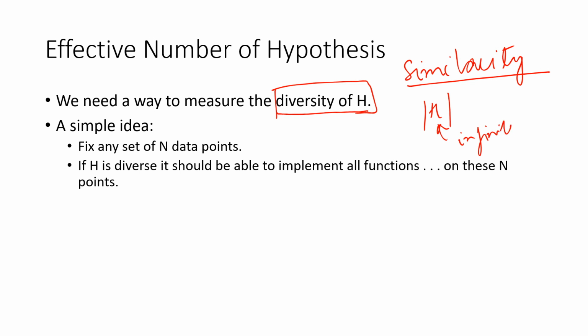Obviously, we cannot directly use this H, because it is going to be infinite in most of the models. So we need to measure diversity, the difference in the hypotheses. One idea could be: fix any set of n data points. If H is diverse, it should be able to implement all functions on these n points. What does that mean?